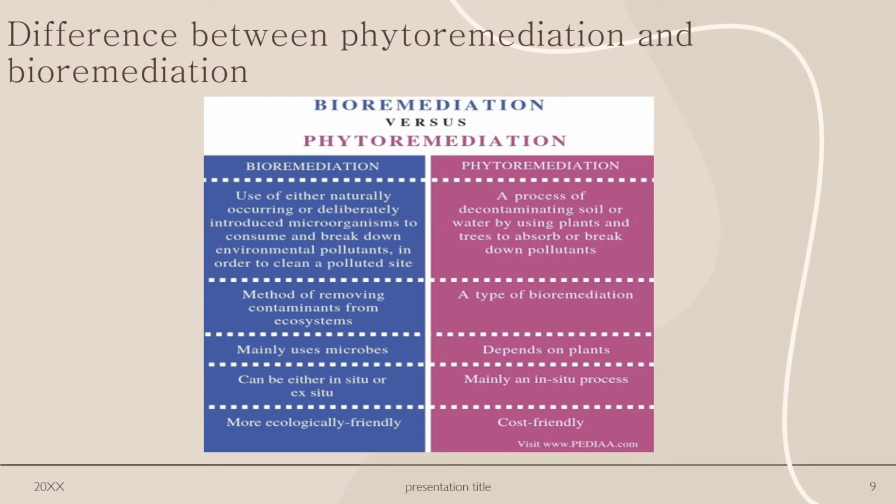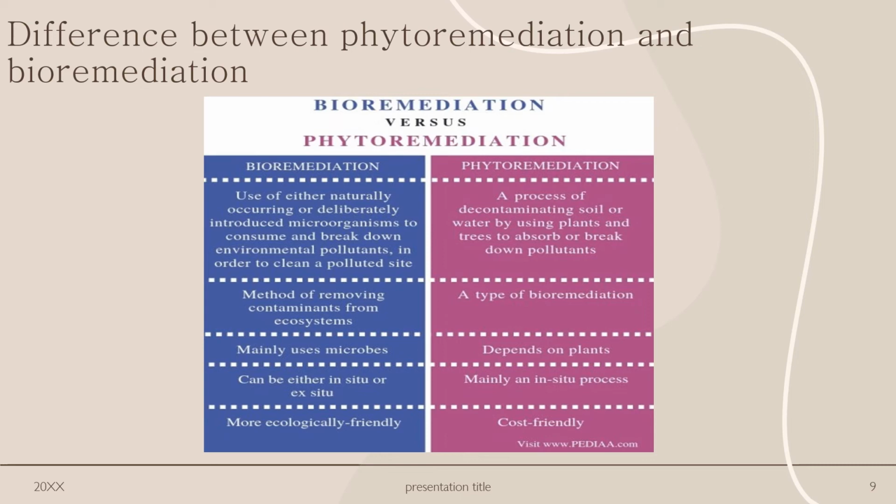The second point for bioremediation is that this method involves removing contaminants from the ecosystem. But phytoremediation is a type of bioremediation. The third point for bioremediation is it mainly uses microbes. But the process of phytoremediation depends upon the plants.